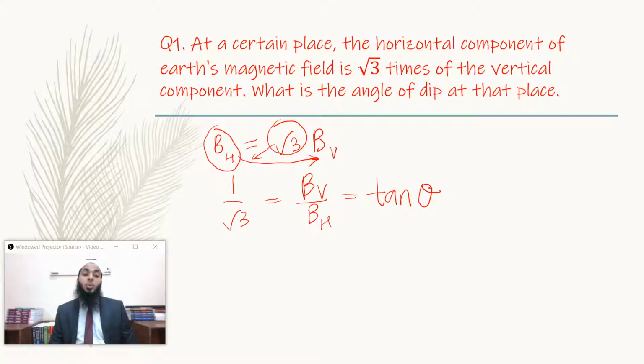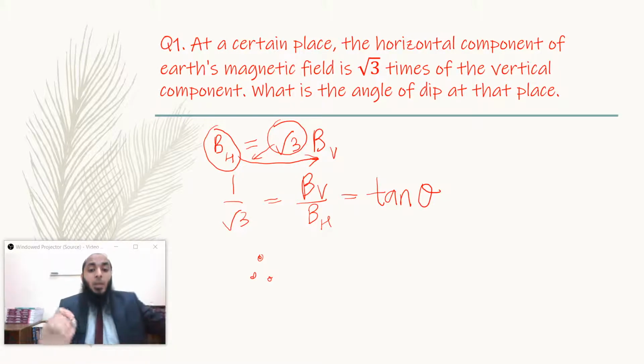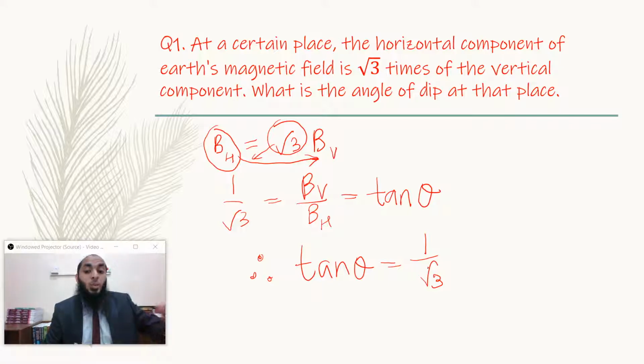We have seen that in previous slides, that tan theta is equal to vertical component divided by horizontal component. I'll make tan theta the left hand side. So this will become tan theta is equal to 1 by root 3, or theta is tan inverse of 1 by root 3.